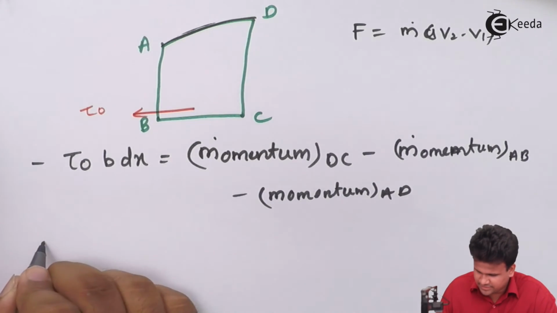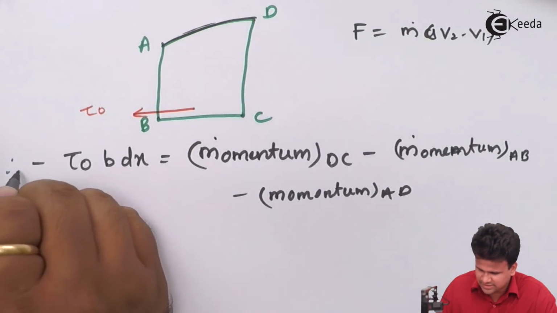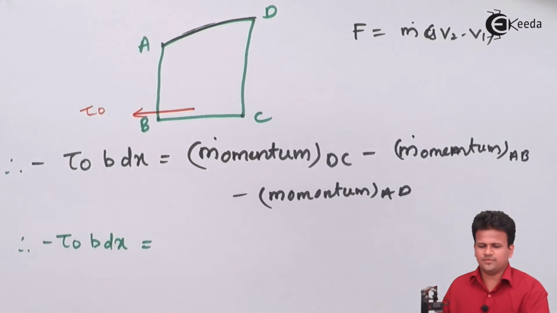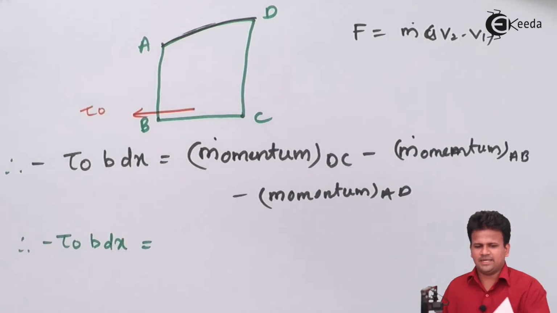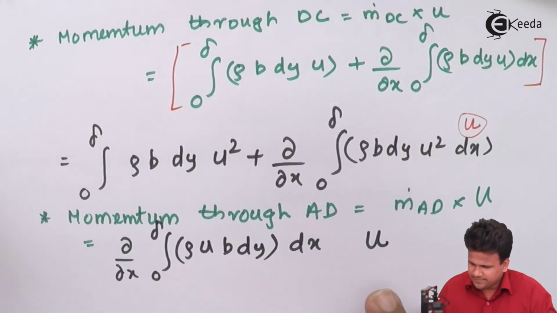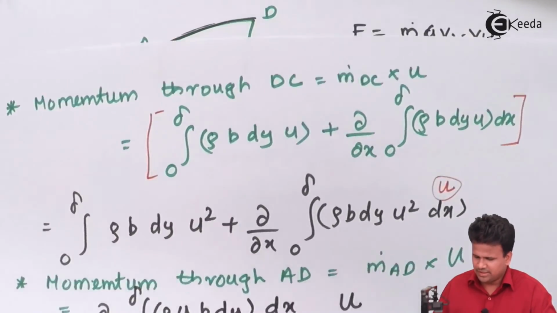Now we can use what we have already calculated. Let us write down minus tau into b into dx, that is the left hand side, which is equal to the momentum through DC. Let us go to the previous part and check what momentum through DC we calculated. The momentum through DC is this entire value, so let us substitute that.